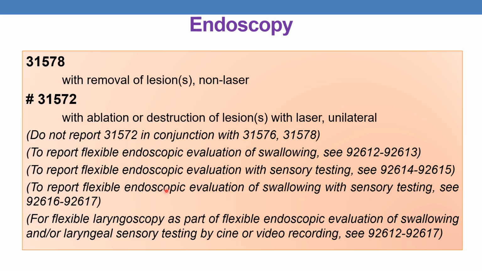And to report flexible endoscopic evaluation of swallowing with sensory testing, see 92616 and 617. And for flexible laryngoscopy as a part of flexible endoscopic evaluation of swallowing and or laryngeal sensory testing by sign or video recording, see 92612 to 92617.